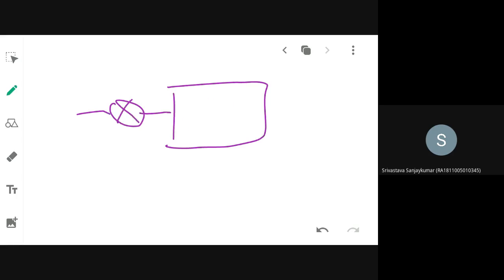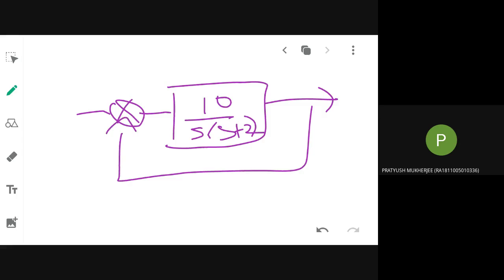A unity feedback control system has an open loop transfer function G of s is equal to 10 divided by s into s plus 2. That is given over here.